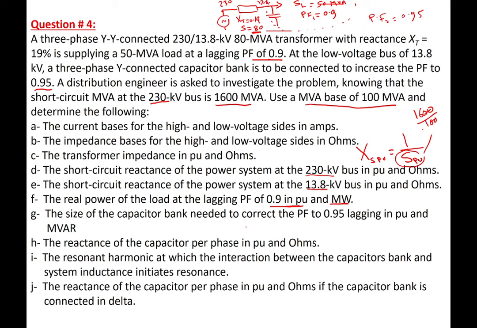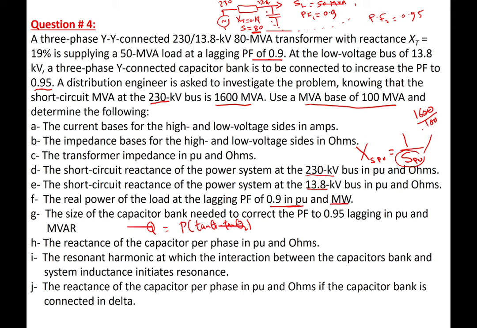Calculate the size of the capacitor bank needed to correct the power factor. Okay, I think we did several problems like this one. So we know that Q for the capacitor will be P times (tan theta 1 minus tan theta 2), where theta 1 is cosine inverse of 0.9 and theta 2 is cosine inverse of 0.95.